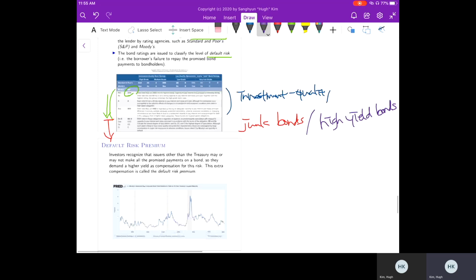So investors recognize that issuers other than the Treasury may or may not make all the promised payments on the bond. So they demand higher yield as compensation for this risk. So that's why junk bonds have very high yields. So this extra compensation is called default risk premium.